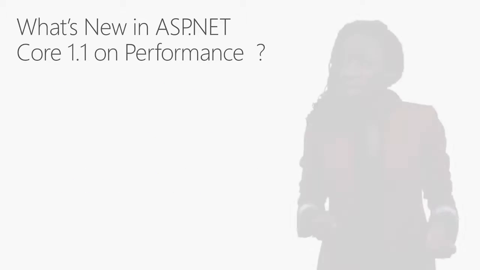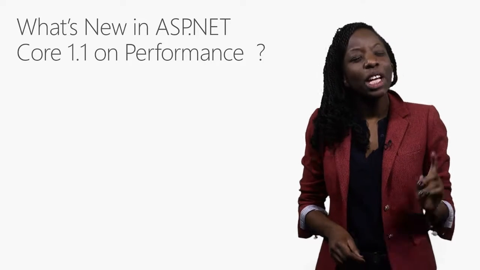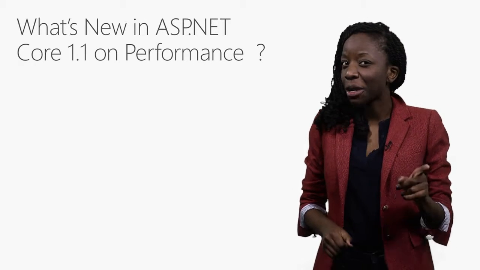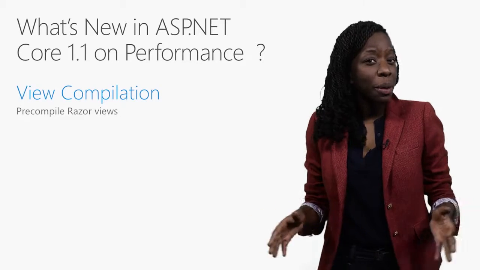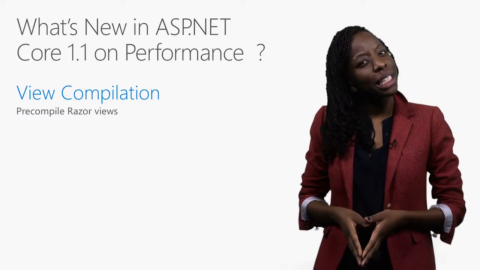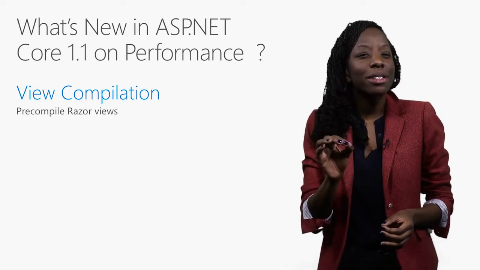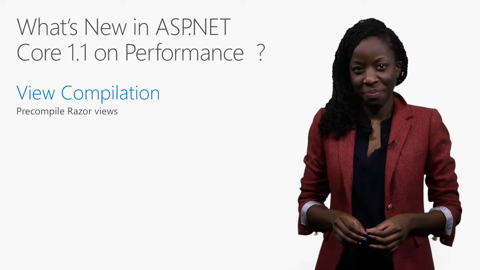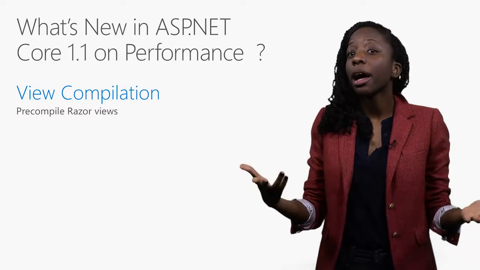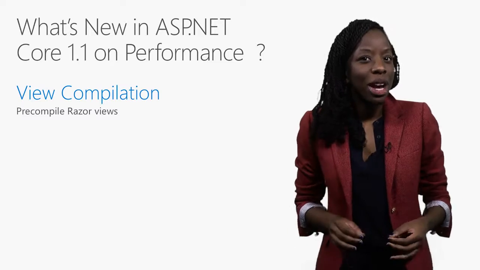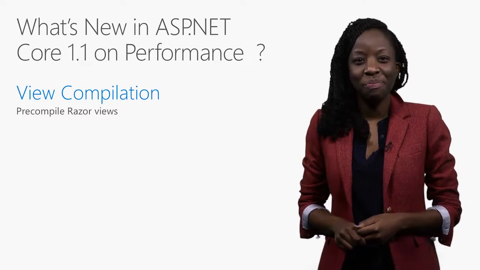Performance has been a big feature with ASP.NET Core. In 1.1, we shipped 3 features that focus on just that. View compilation is one of them. Typically, your Razor pages get compiled the first time someone goes to visit your site. View compilation lets you pre-compile your views so that they're warm and ready to go immediately in production.